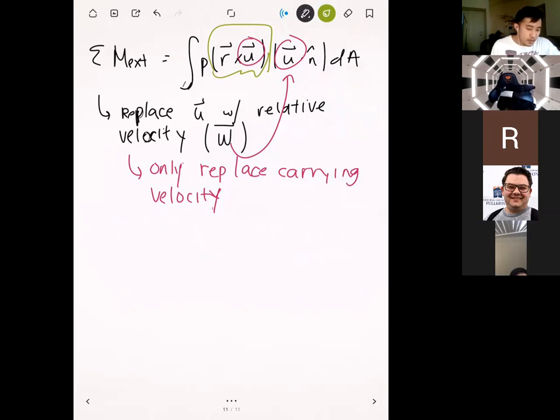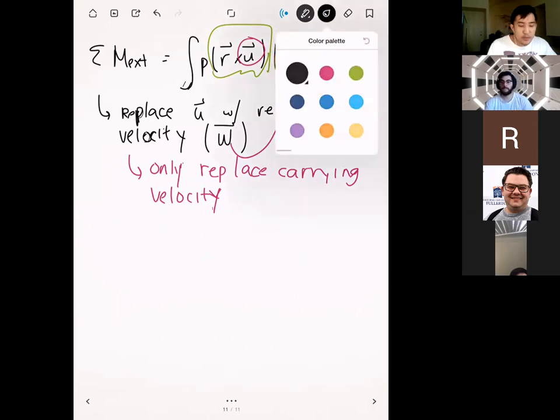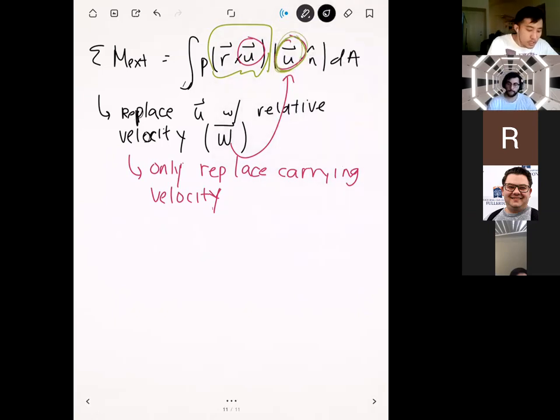If you go back to the beginning of the linear momentum derivation, you'll see that we did the same thing, where we only replaced the carrying velocity with the relative velocity.